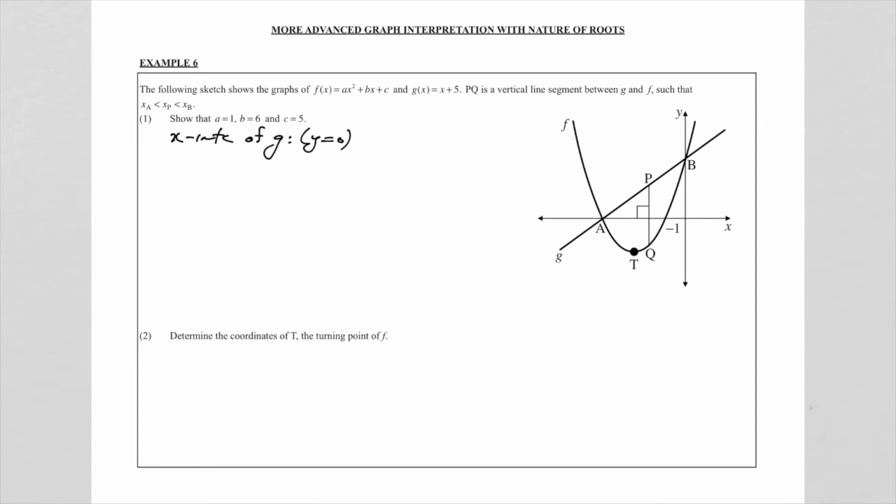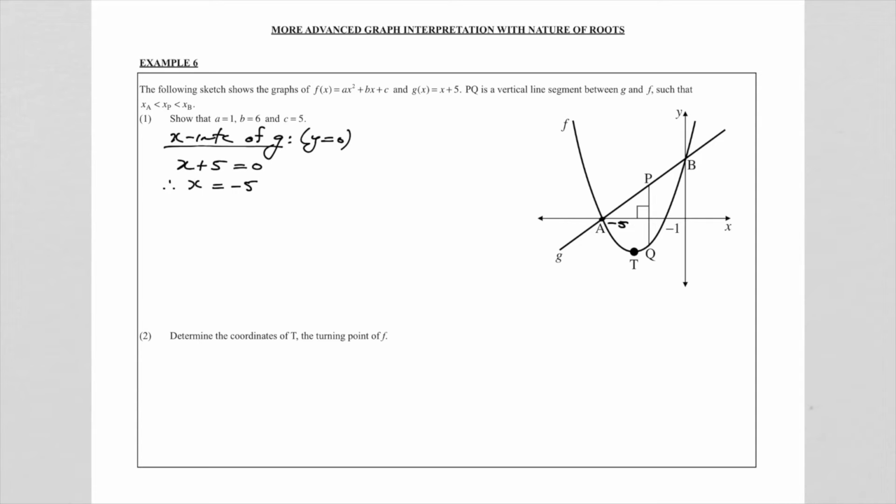And that means now that x + 5 will be equal to 0. So therefore, x will be equal to -5. I'm going to put that on our drawing. And that -5 is this x-intercept right here on our graph.